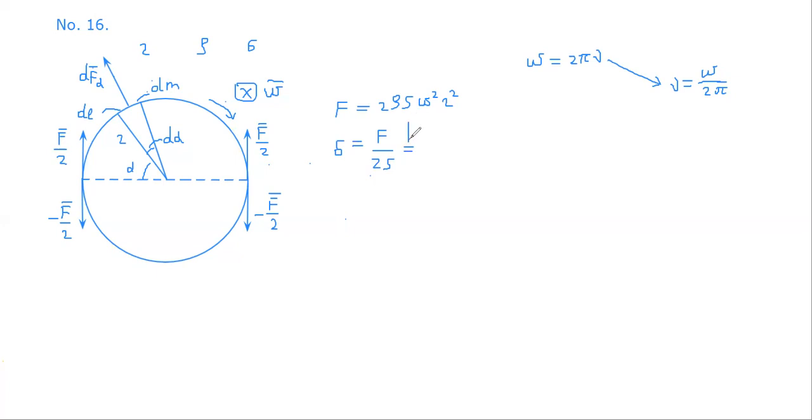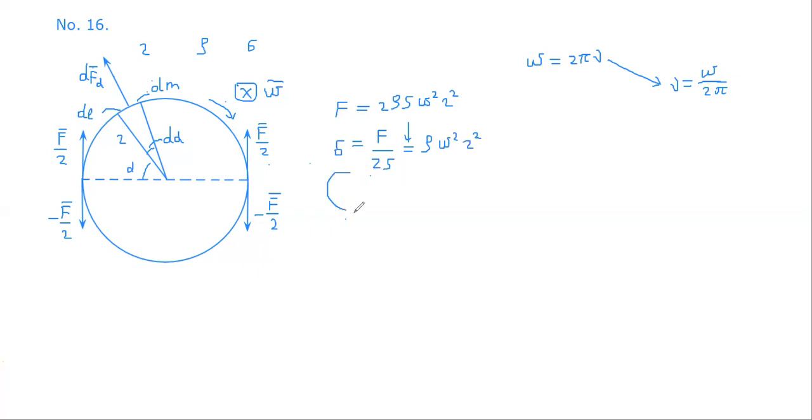According to this, the 2S will vanish, and as a result we obtain rho omega squared r squared.